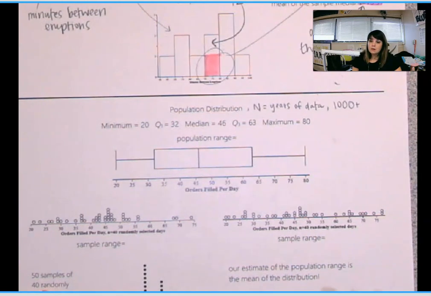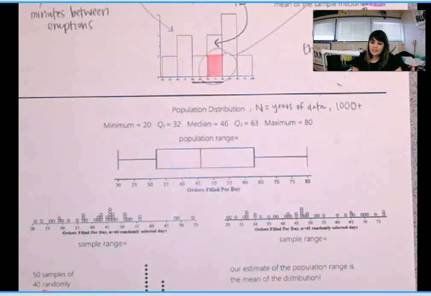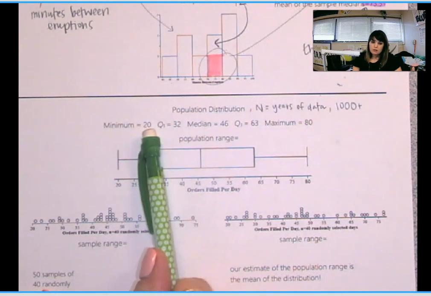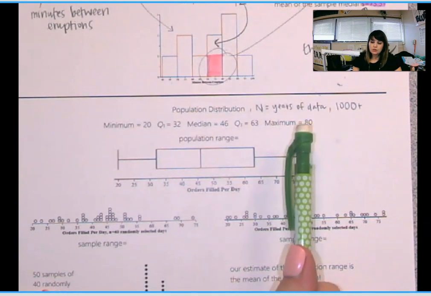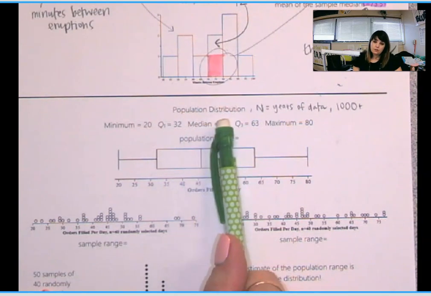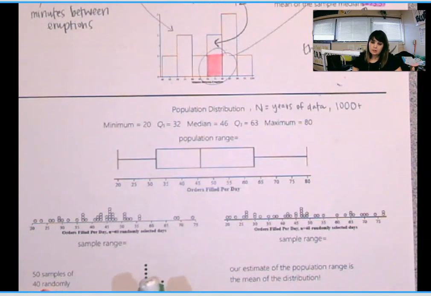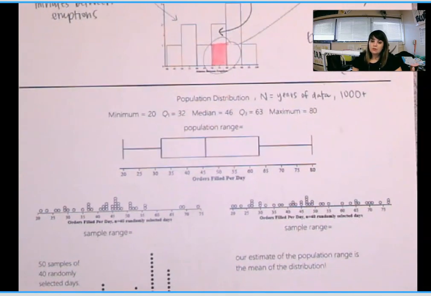So the minimum number of orders you filled in those years was 20. The maximum number of orders you filled in those years was 80. The median number of orders filled was 46. They want us to estimate the population range.